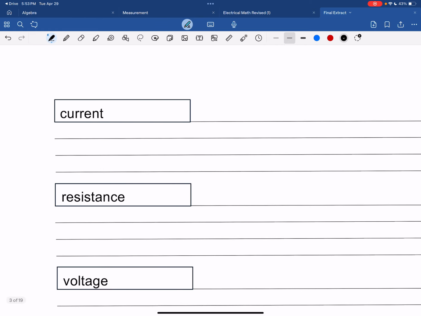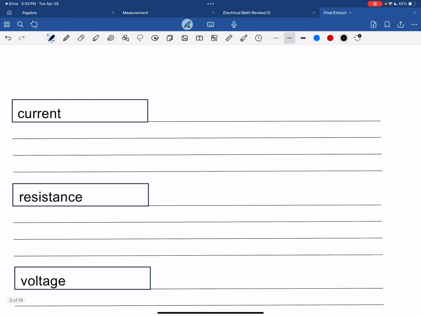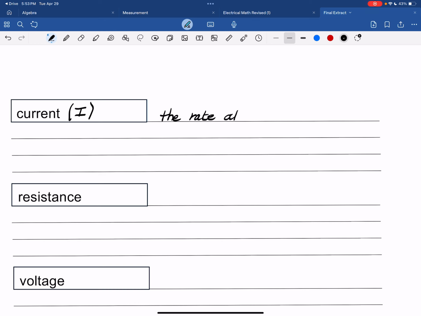Then on page 13, the next word will be current. And current is marked with a capital I. Current is the rate at which charge, and let's stop right there.